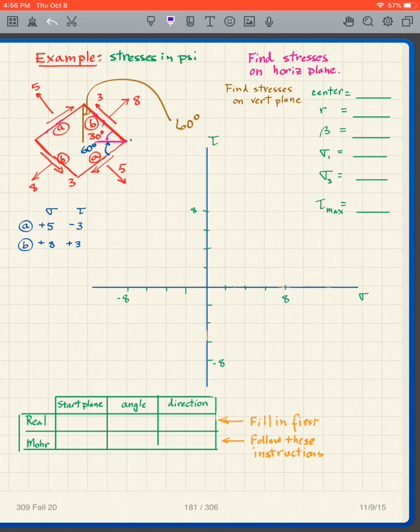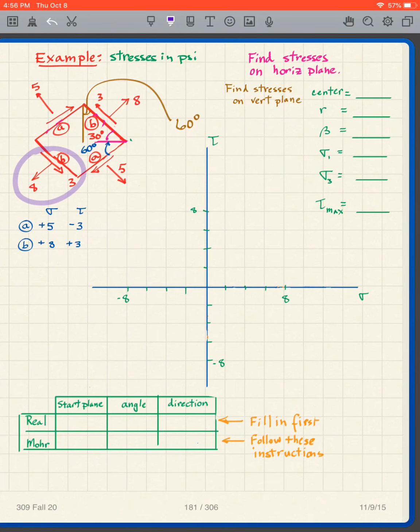In this particular case, I make my original table, but instead of horizontal and vertical, I have A and B. No difference. On plane A, I see tension and I see clockwise, so that gives me 5, -3. I write positive 5, negative 3 for my sigma and tau.